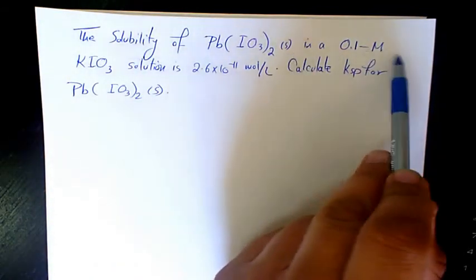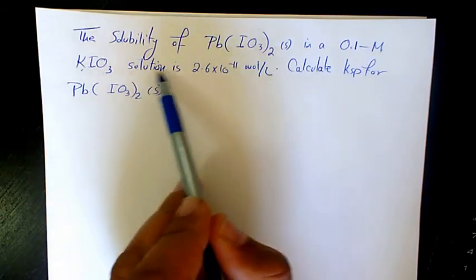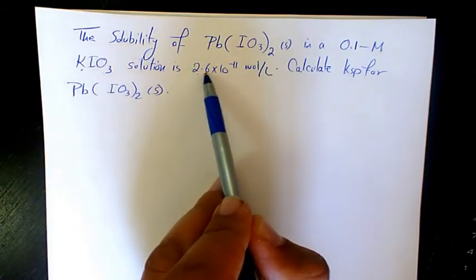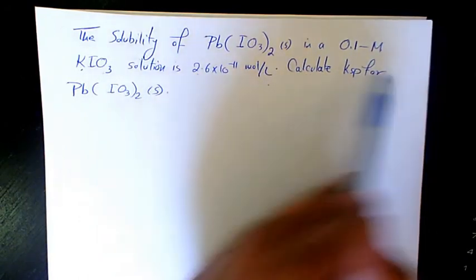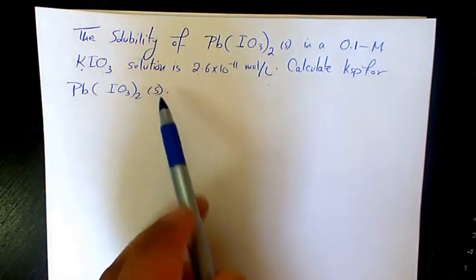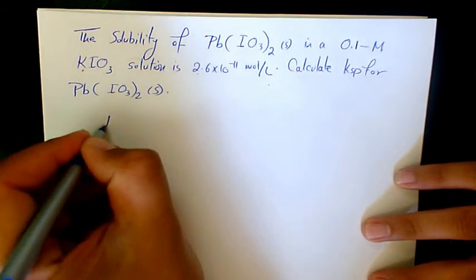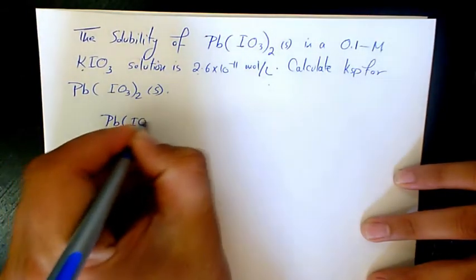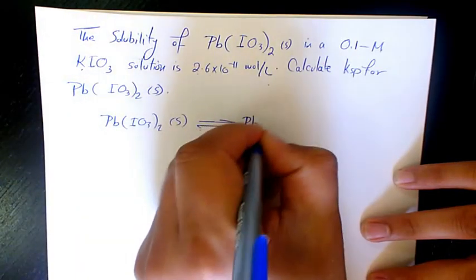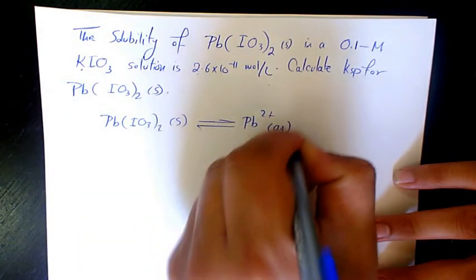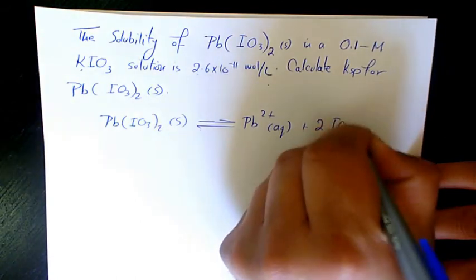Next example is finding the solubility of Pb(IO3)2 in a 0.1 molar of potassium iodate solution is 2.6 times 10 to the power of negative 11 mole per liter. Calculate Ksp for Pb(IO3)2. So that's going to be lead iodate. It's going to dissolve and produce Pb2 plus and 2 iodate.